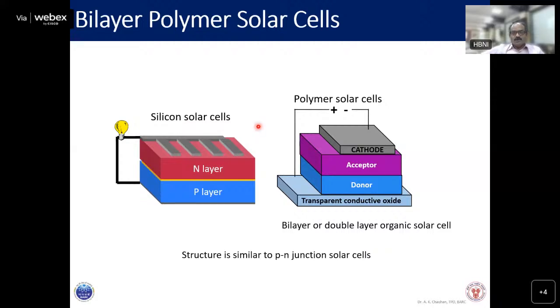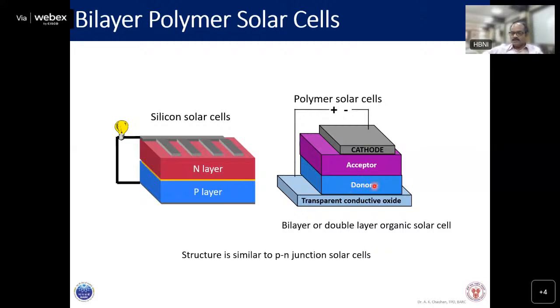So if we do a similar kind of thing in case of an organic solar cell, with organic materials, in place of N you have acceptor materials, and in place of P you have donor materials.